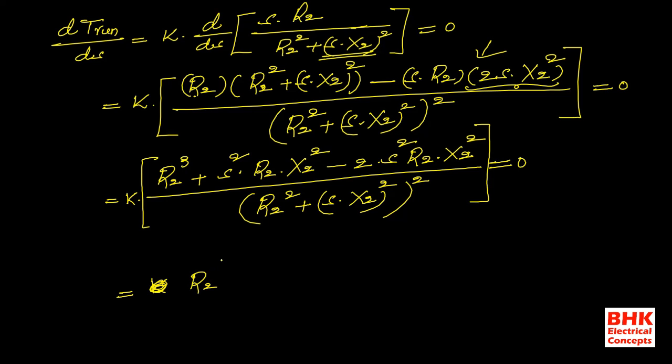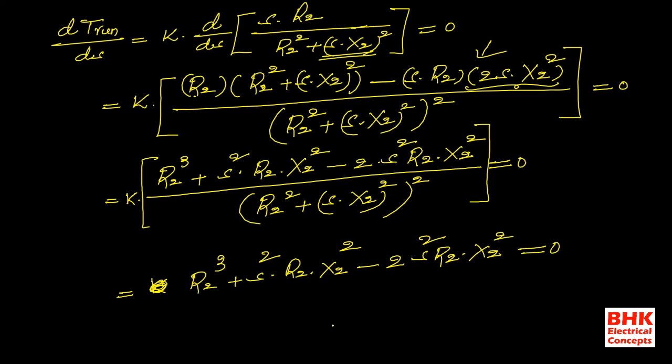So the remaining term is r2 power 3 plus s square r2 into x2 square minus 2 into s square r2 into x2 square is equal to 0. Now observe here: s square r2 x2 square minus 2 times s square r2 x2 square.